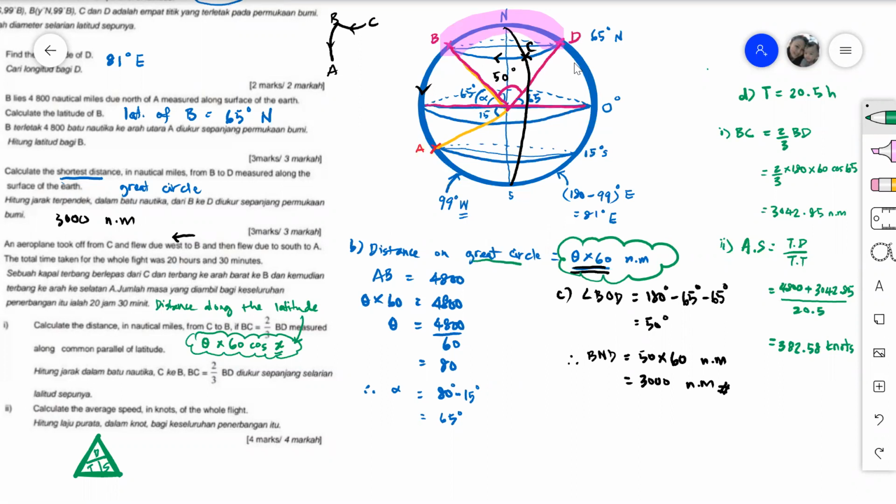The great circle is the circle that takes the center of the Earth as its center. And we have distance along the latitude, that is theta times 60 cos x, where x is the latitude value. It's not the great circle, it's definitely smaller, because of the value towards the North Pole or the South Pole. So that is 60 cos x.